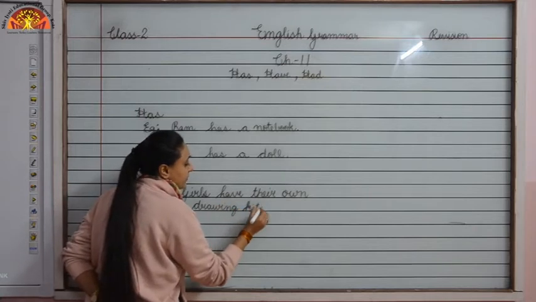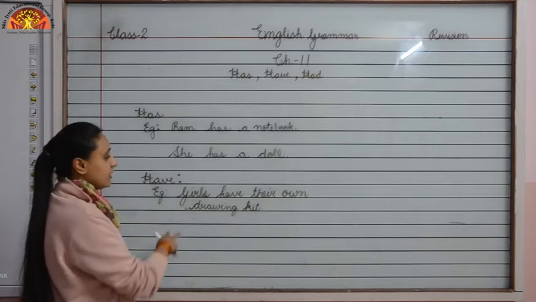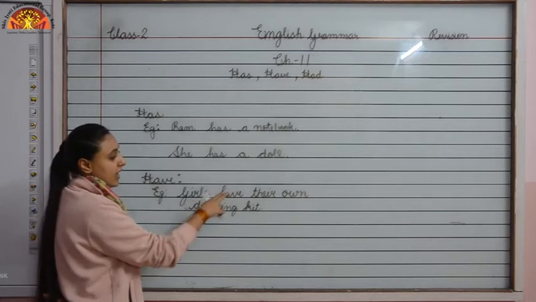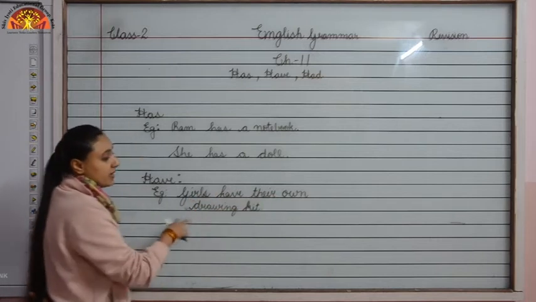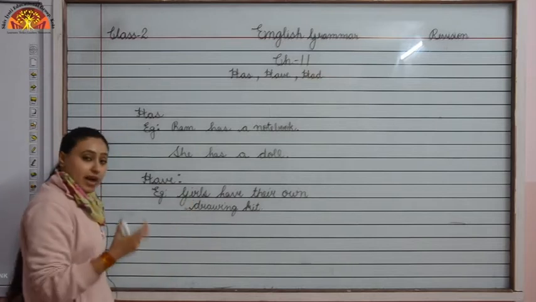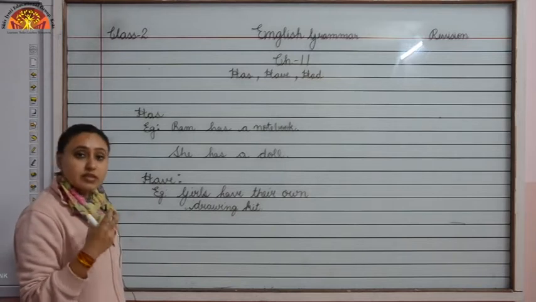Okay, so here we are talking about girls, that is more than one girl. Okay, so we use have with girls. Okay, girls have their own drawing kit. Here drawing kit belongs to girls, so has and have show belongingness to someone.